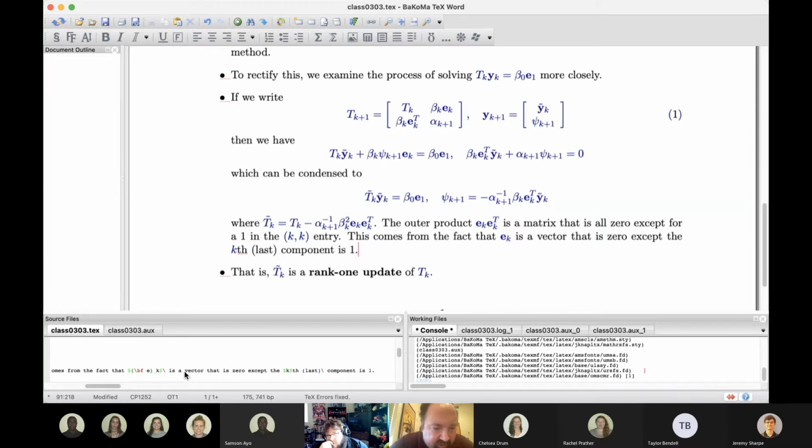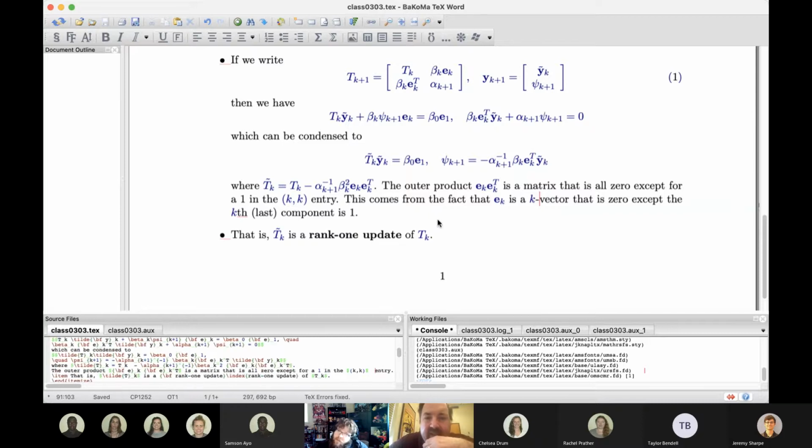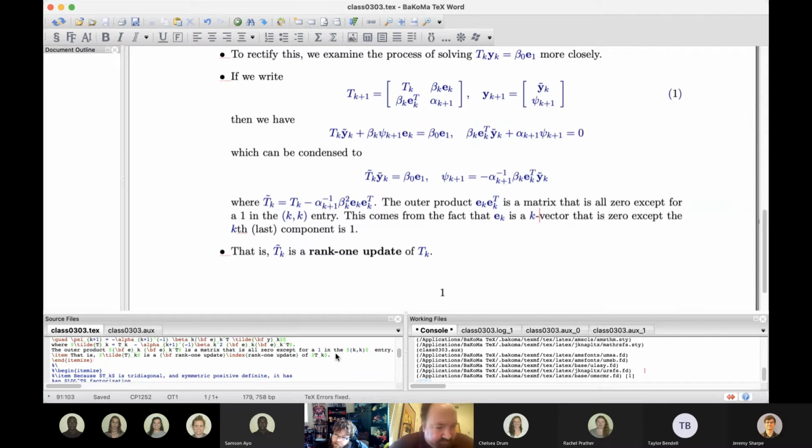So emphasize it's a vector of length k. All right. Now, so how does this help us? Because all we're seeing here is that this first portion of yk plus 1, we now know what system it solves. So what can we do with that information?